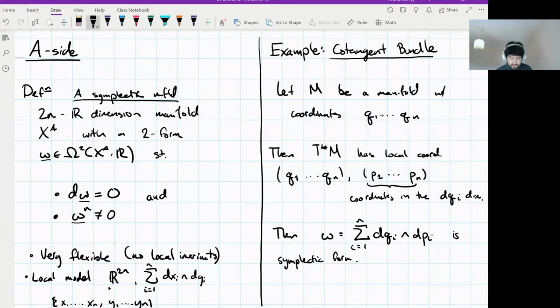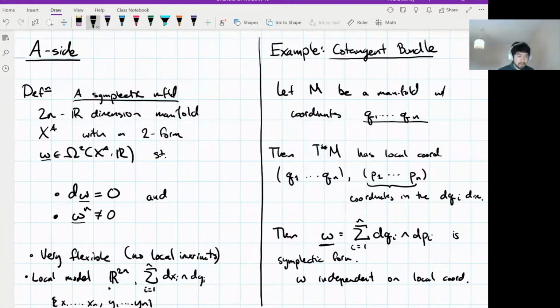And here at the very beginning, I said that I had some local coordinates on M, but if you trace through this definition and you do the proper checks, you can see that this form omega doesn't actually depend on the choice of local coordinates. So the cotangent bundle is an example of a symplectic manifold, and it comes with a canonical symplectic form.